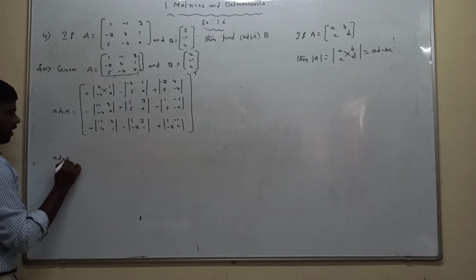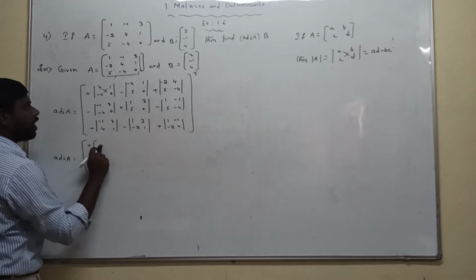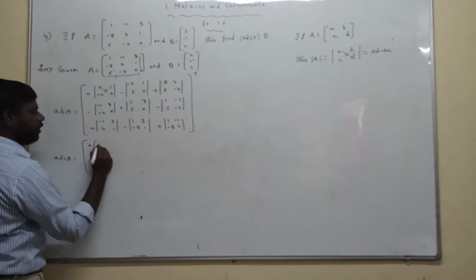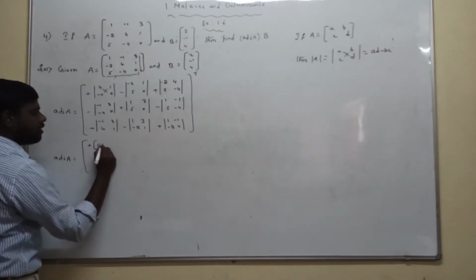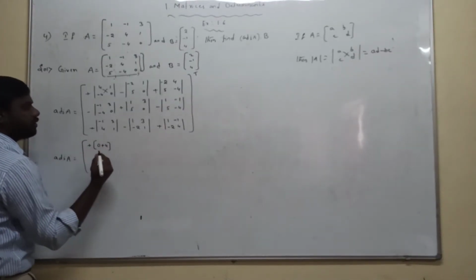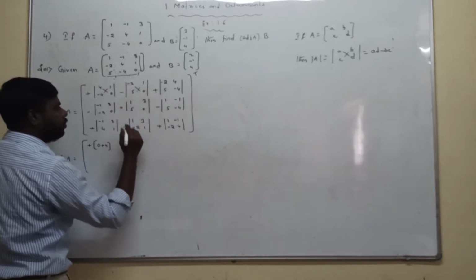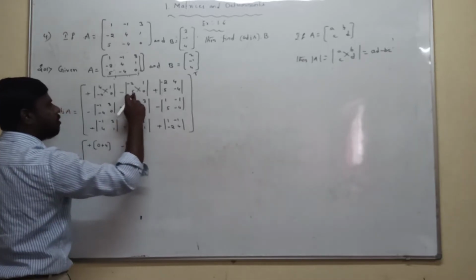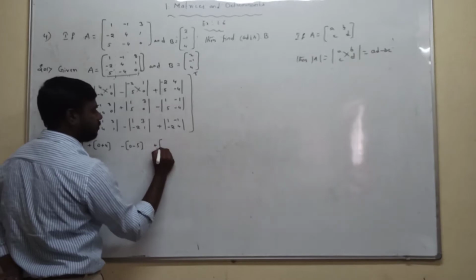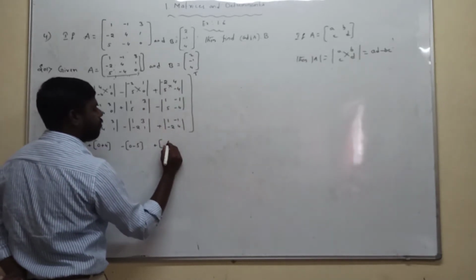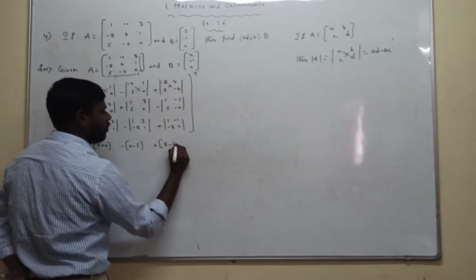So now the adjoint of A is equal to: plus, take square bracket, 4 into 0, 0, minus 4 into 1 is -4, minus of minus, plus 4. Next, minus, same form applied: -2 into 0, 0, minus 5 into 1 is 5. Next, plus, -2 into -4 is 8, minus 5 into 4 is 20.